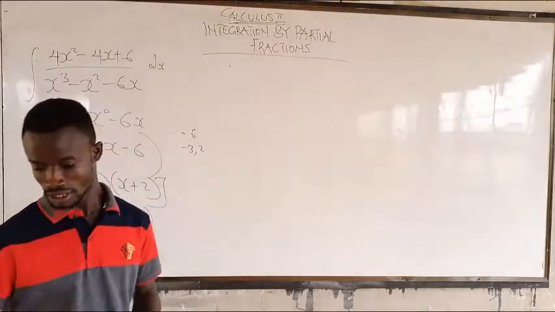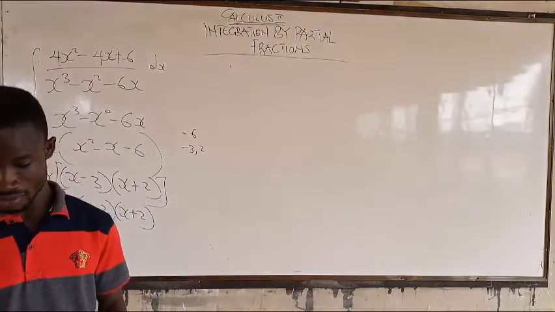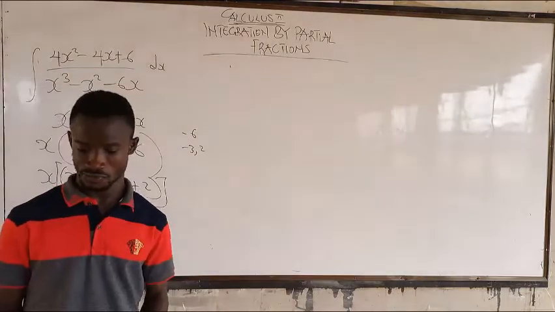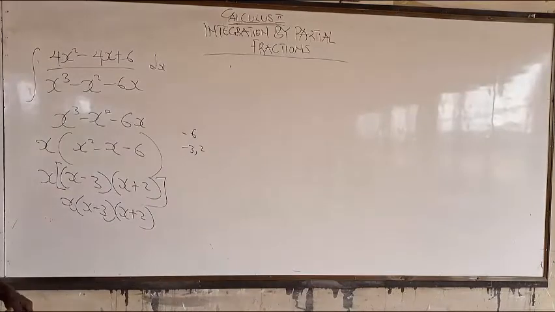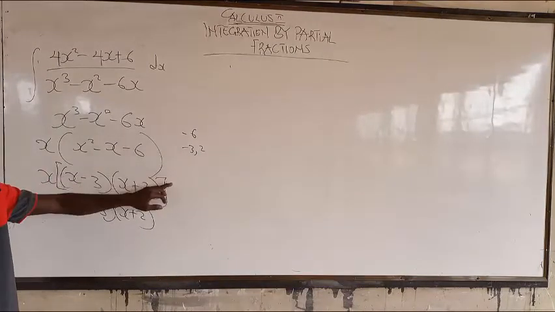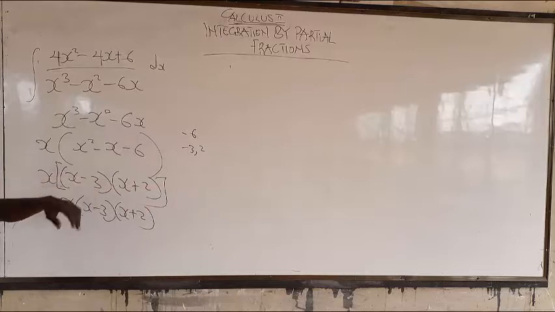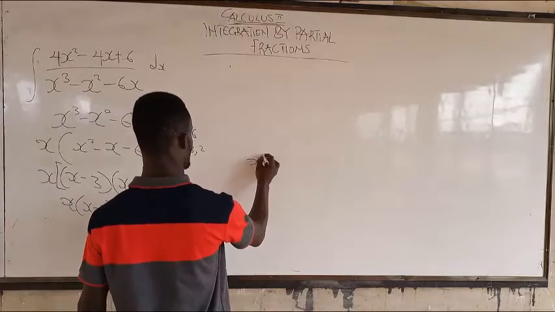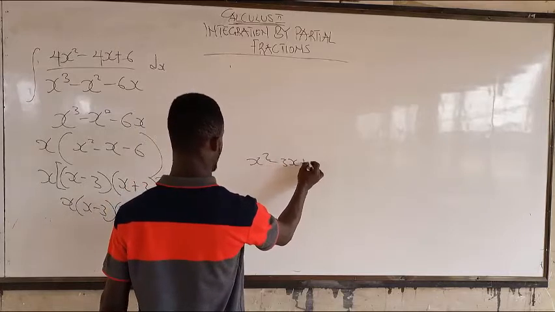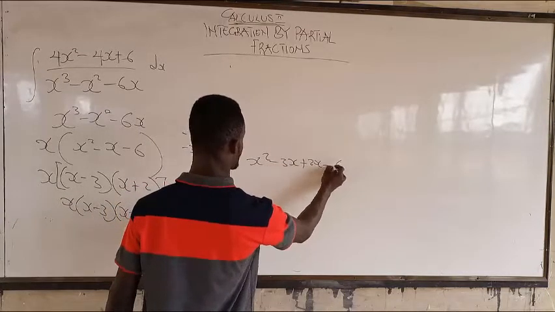That's going to be the factorized form. Alright, is there any mistake? Let's solve it and see. s squared minus 3s plus 2s minus 6.